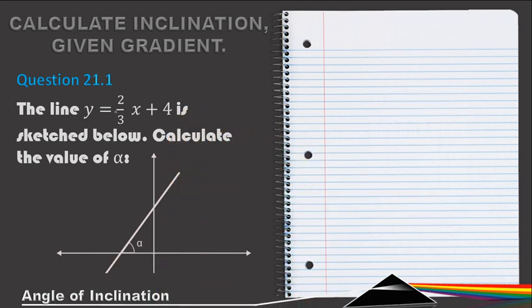Now the line 2 over 3x plus 4 is sketched below. Calculate the value of alpha.